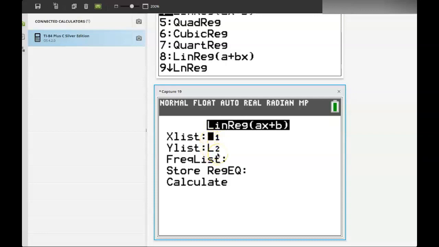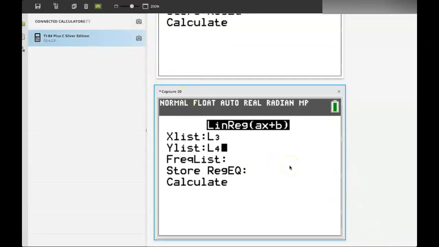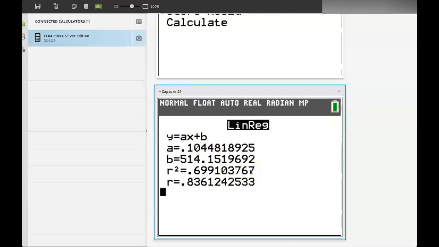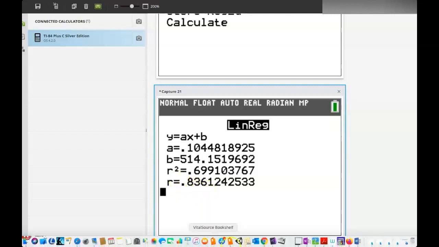So changing that by pressing second, number 3, and for Y we have second, number 4. I have these two instead. Then after that, enter, enter, enter. I think we have to press enter 3 or 4 times. Now R is 0.836, so I'm rounding to 3 decimal places.